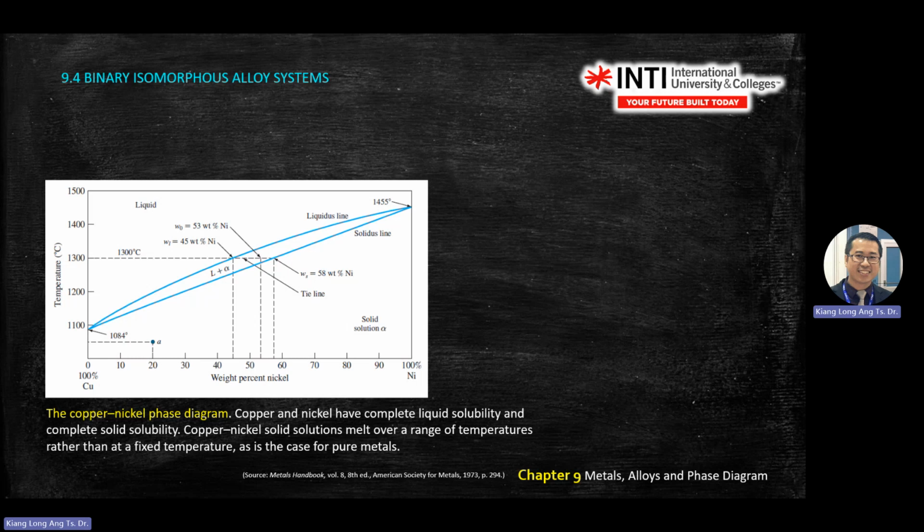For example, this first dotted line is about 45% nickel, 55% copper. This one, 55% nickel, 45% copper. So don't confuse with this one.